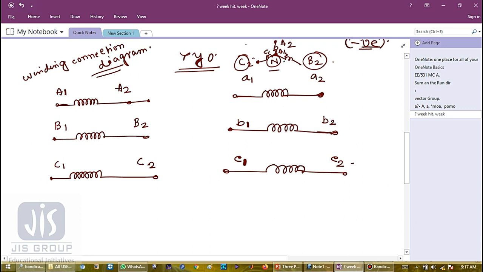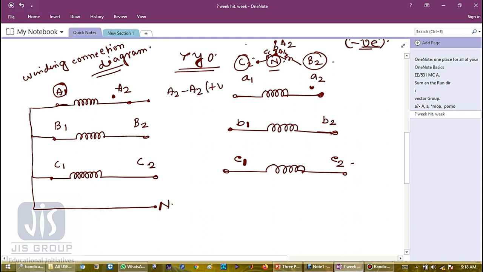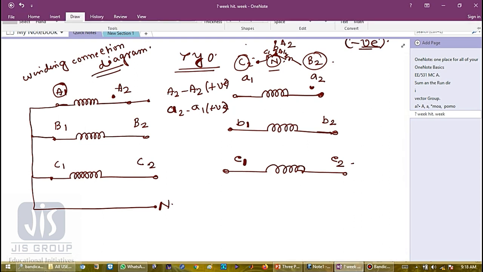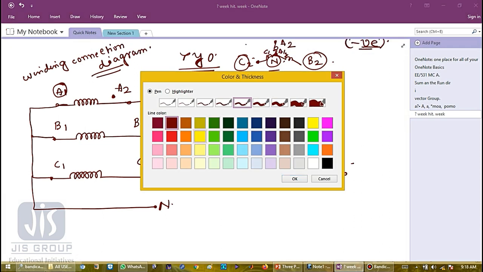I will form the neutral point by shorting A1, B1, C1. So this forms my neutral point. And this is the dot, so this is start to finish. When A2 is positive with respect to A1, then on the secondary side a2 is also positive with respect to a1. So this is also positive.